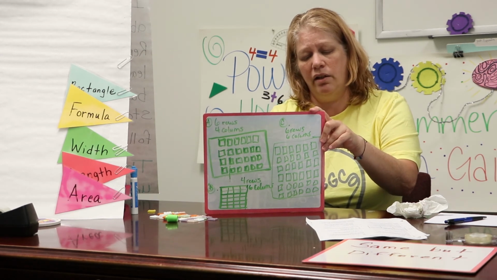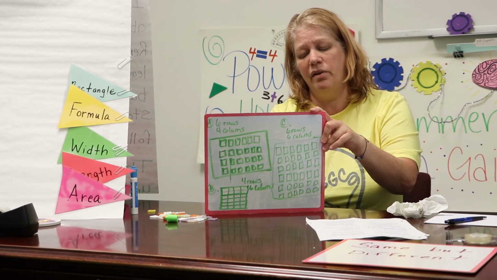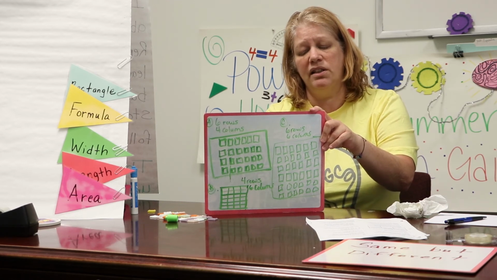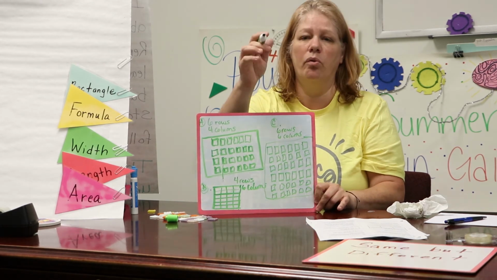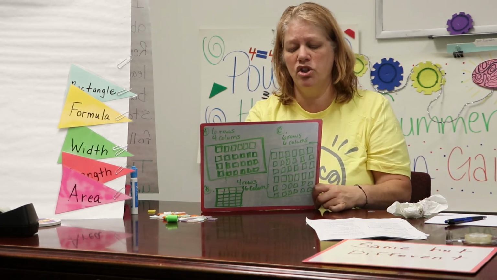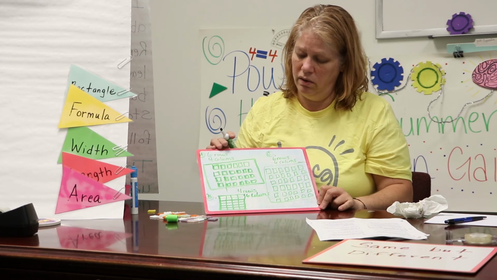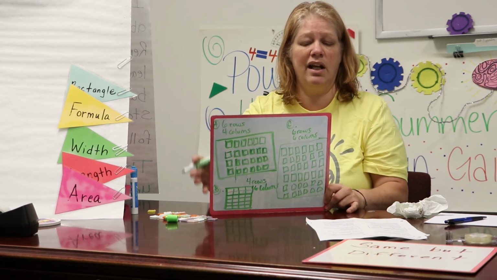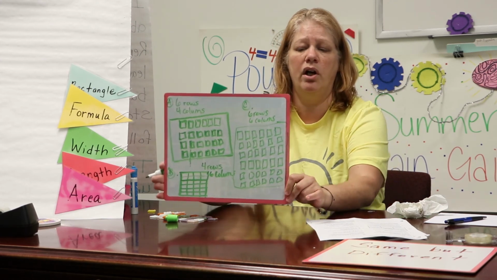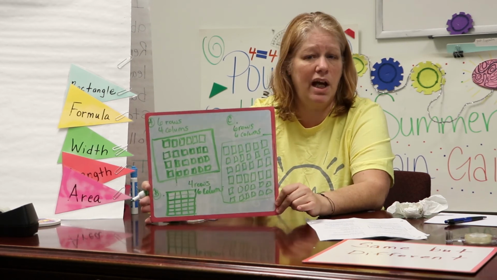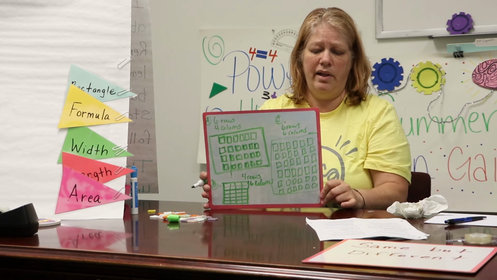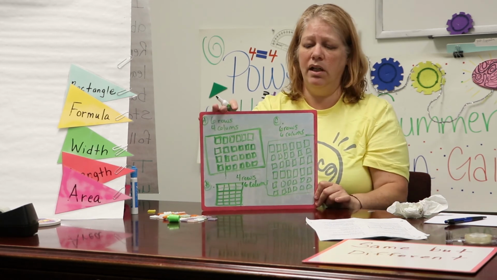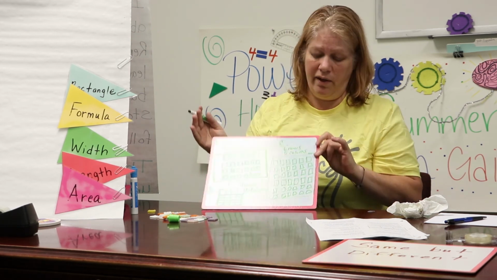So our length was 4 and our width was 6. So it's backwards. But if 6 times 4 is 24, what do you think 4 times 6 is? Right. It's also 24. Very good. So say that a couple more times and you will know 6 times 4 and 4 times 6 is 24. And that multiplication fact will probably be one that stays with you forever now.